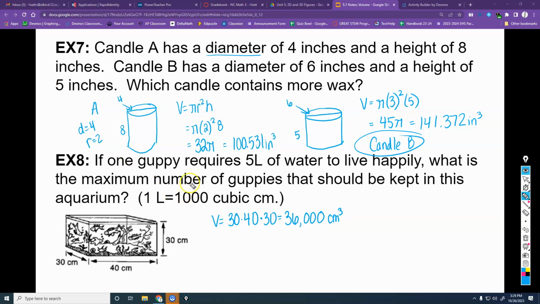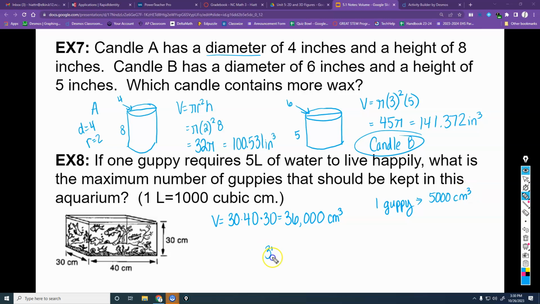However, we don't know how many cubic centimeters a guppy needs. We know how many liters of water it needs. But it does tell us that 1 liter of water is 1,000 cubic centimeters. So one guppy needs 5,000 cubic centimeters.